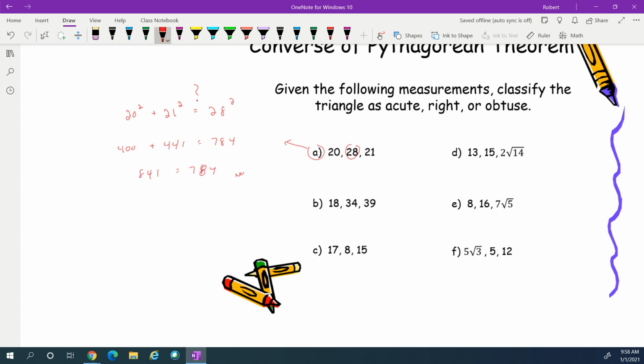So this is not a right triangle. Well, what is it? We're going to focus on the C squared number. C squared is smaller. That means the angle is smaller. Smaller than right. So this is an acute triangle.